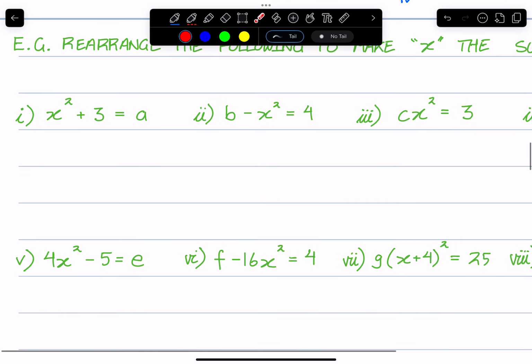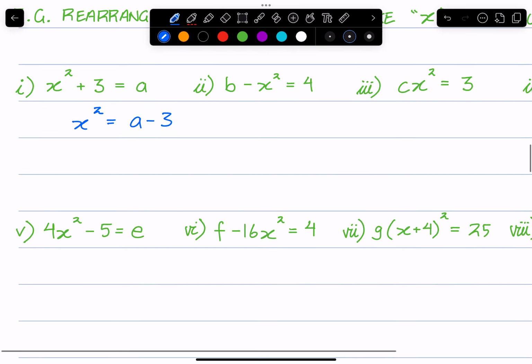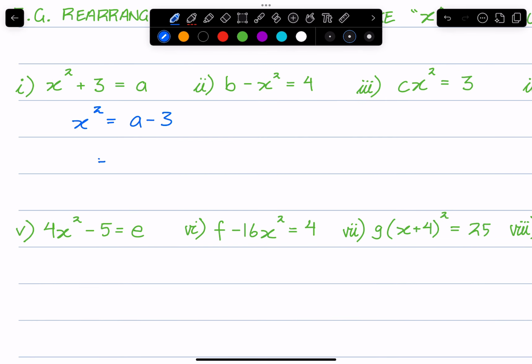So with this, initially, it's really the exact same thing as we've done before. We subtract 3, leaving us with x squared equals a minus 3. And now the thing that we need to do for this one is take the square root of a minus 3.